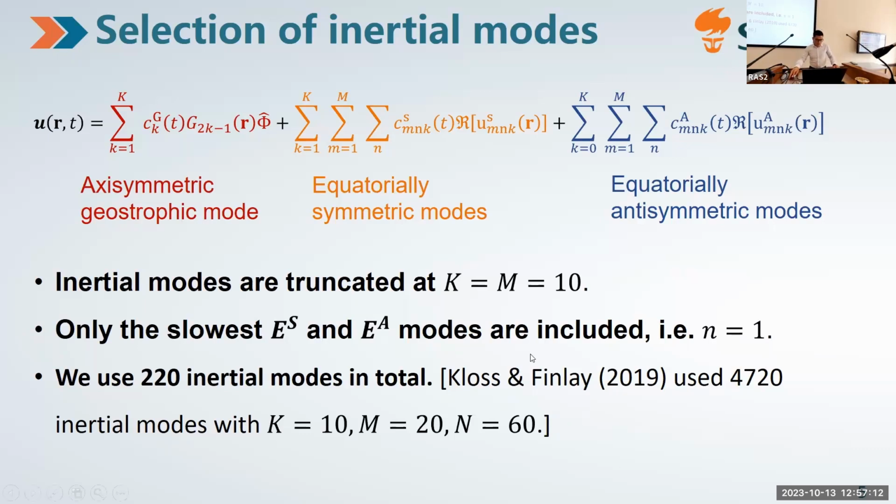So we use only 220 inertial modes, in comparison to the 4,000 inertial modes used by Chris and his colleagues. Our choice of inertial modes is based on experiments using synthetic data from dynamo simulations. We found that if we use too many inertial modes, you can get a better fit of the secular variation at the core surface, but you lose the constraint on the bulk of the flow.